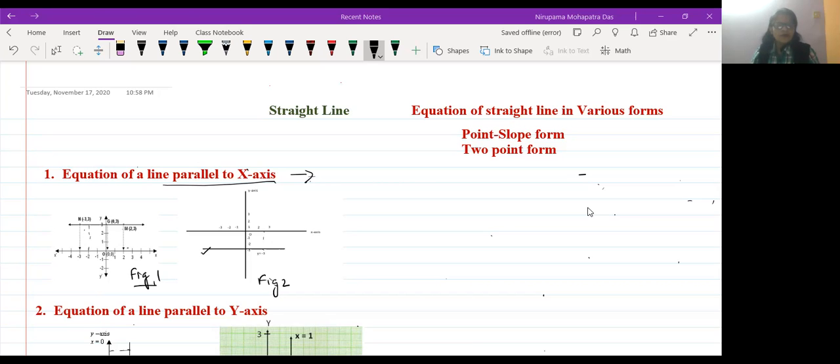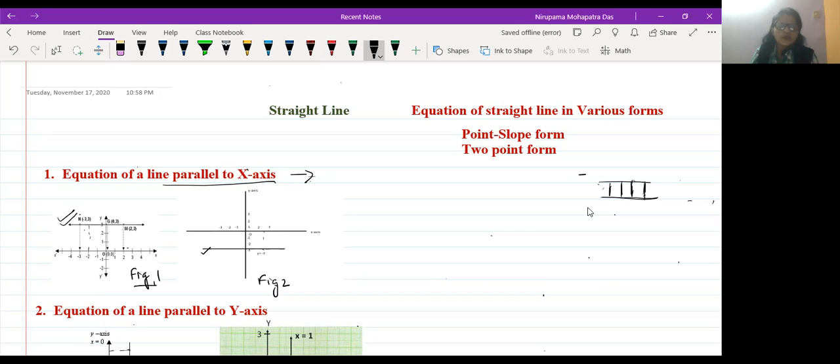First of all, the equation of a line parallel to x-axis. From figures 1 and 2, what is the basic characteristic of a line which is parallel to the x-axis? The vertical distance is constant. Whenever we take any two parallel lines, the distance remains the same everywhere.